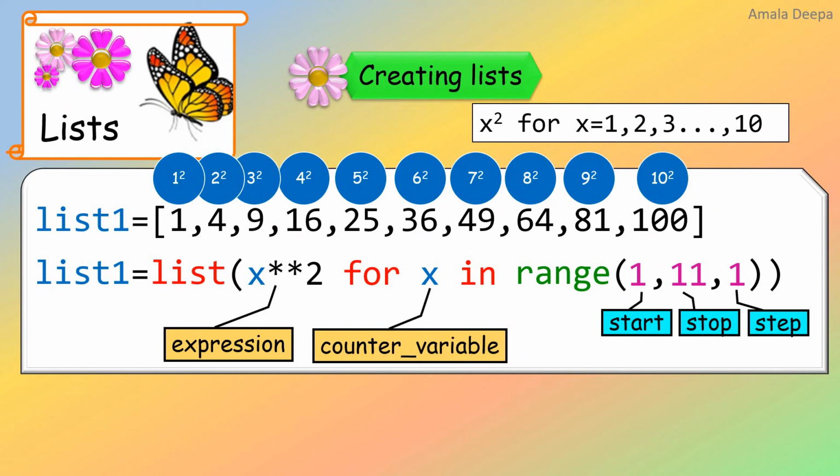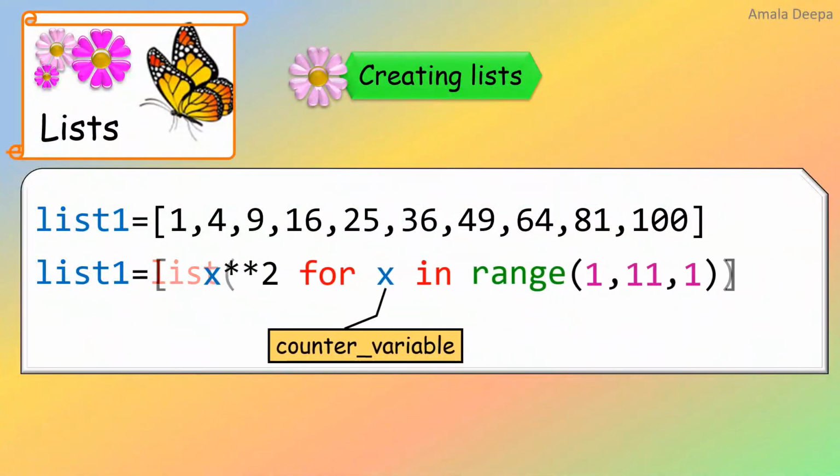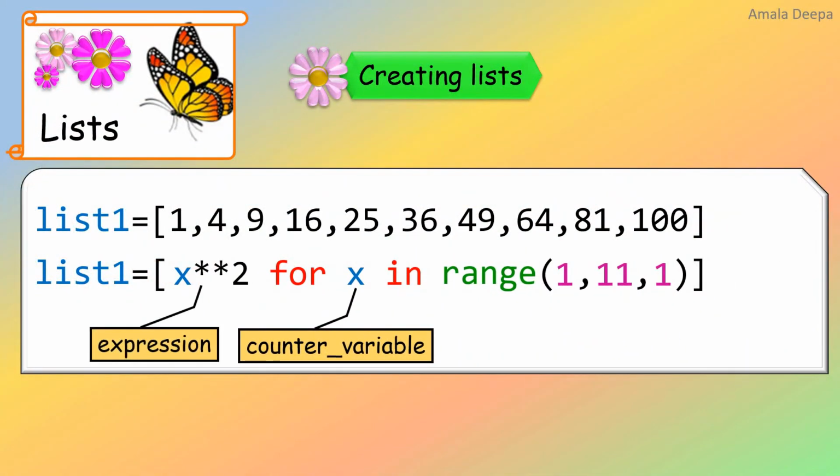I can also replace the list function directly with square brackets, because square brackets mean it's a list. So observe carefully, I am removing the list function and replacing it with square brackets.